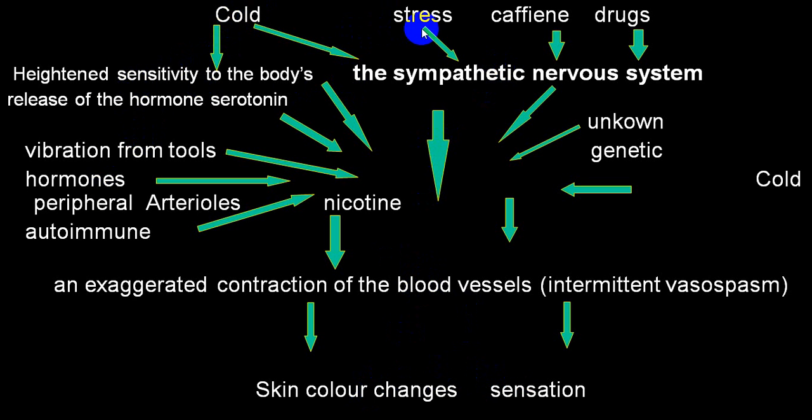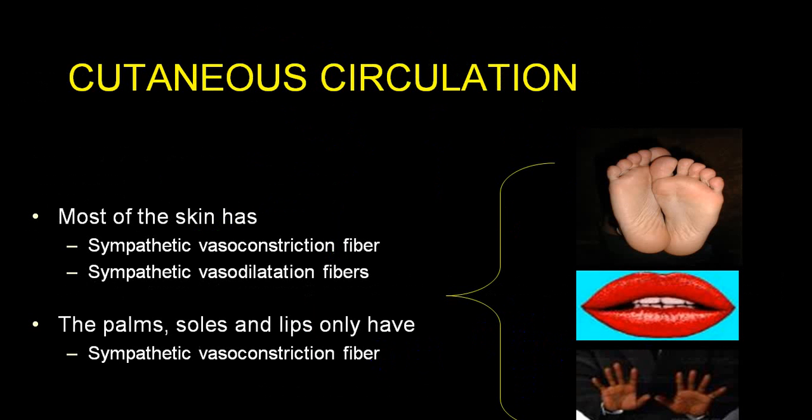Cold and stress are most common, caffeine can precipitate, certain drugs can precipitate, most notorious. Also, there is one factor we call a genetic factor, autoimmune disorders, hormones, vibrating instruments, and increased sensitivity of arteries. So there will be intermittent spasm which will produce skin color changes and pain. That will be very, very typical.